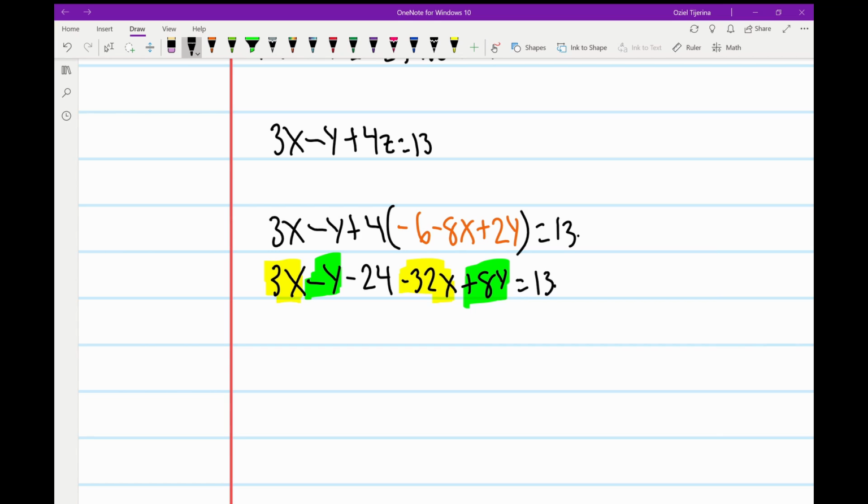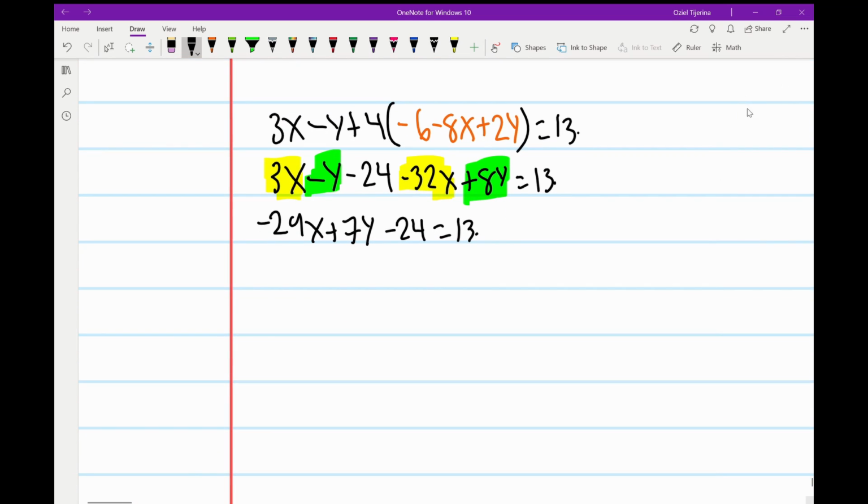And you want to move your constant to the other side, but we're going to do that at the end. So we have negative 32 plus 3, that's like what? Negative 29x plus 7y minus 24 equals 13.